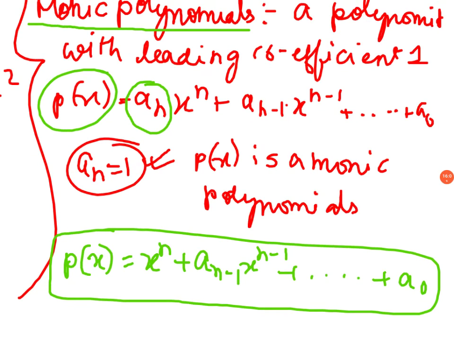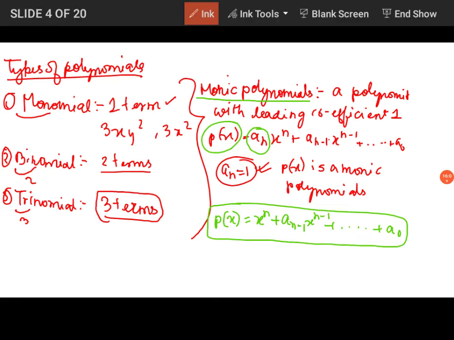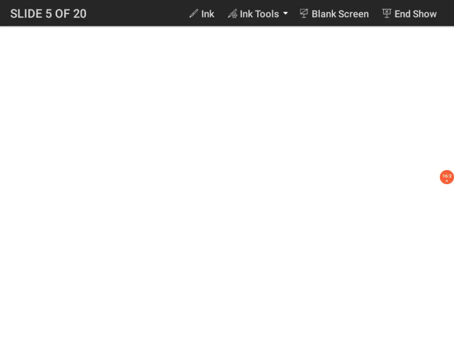Correct? So I hope that you understood what a monic polynomial is, and you also understood what a monomial, binomial, trinomial, and monic polynomial are. Now let us move on to more important polynomials, that is the fifth, right?